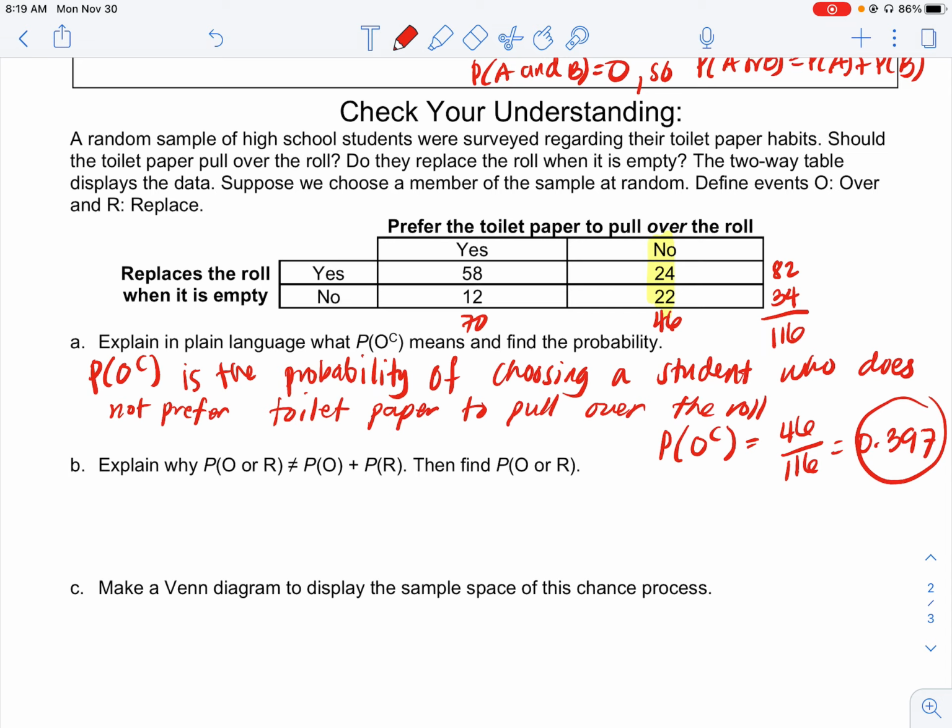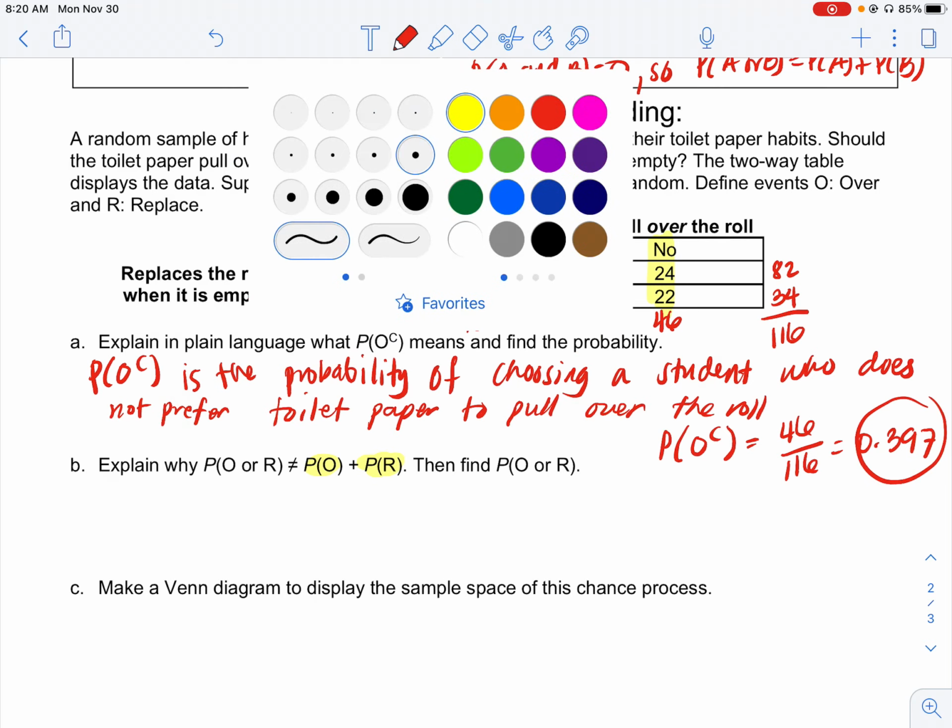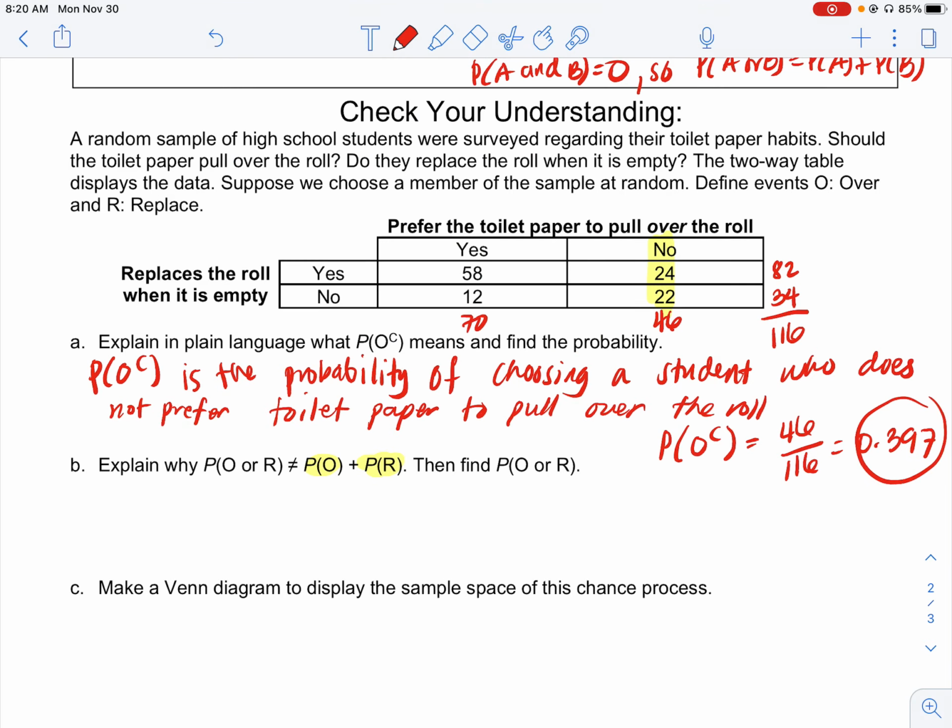Explain why P of O or R is not equal to P of O plus P of R. Then find the probability of O or R. I hope you guys are not going to get confused on this one. First, let me direct you to the answer to this one so you don't get confused. What's P of O plus P of R?